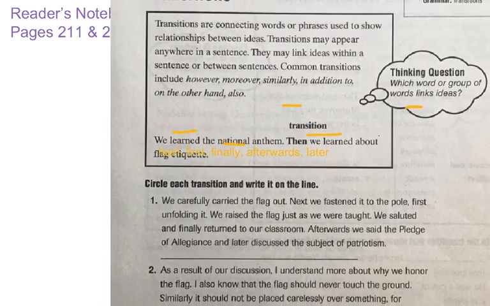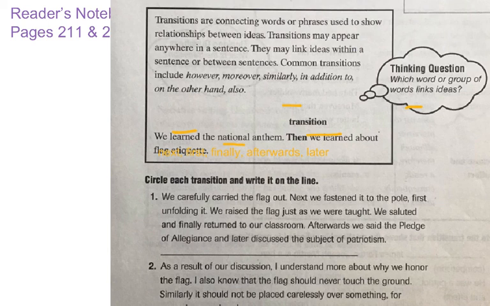There's a whole list of common transitions right here: however, moreover, similarly, in addition to, on the other hand, also. But you can also look at your own transition list to identify other transitions. You can pause the video here and finish this page, and when you're ready, you can hit play again and move on to page 212.